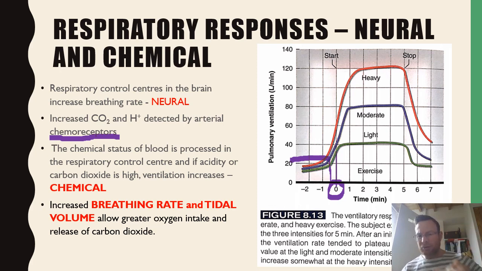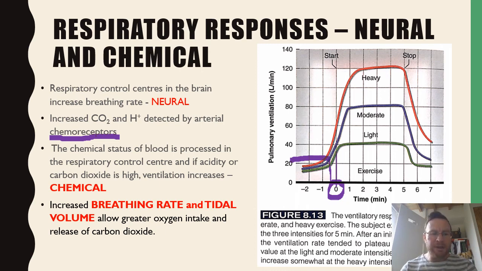So when carbon dioxide levels rise, we have to create a response to increase our breathing rate, one, to get oxygen into the system, but also to get rid of that carbon dioxide. Chemoreceptors monitor carbon dioxide and hydrogen, so carbon dioxide and acidity. When the chemical status is processed in the respiratory control center, it will affect a response, increasing the breathing rate and or the breathing depth.